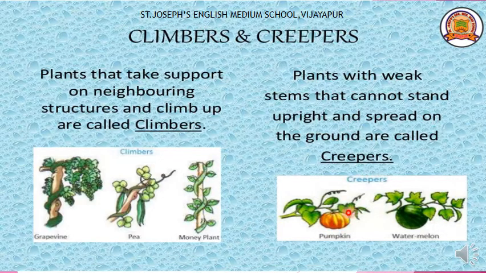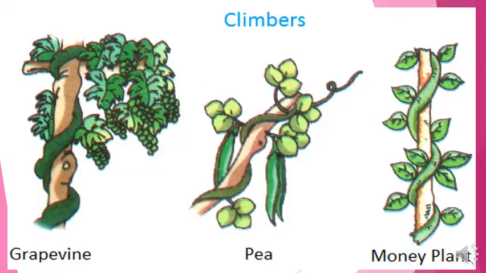Examples of climbers are grapevine, which bears small fruit like grapes, pea and money plant. These are the different examples of climbers and creepers.